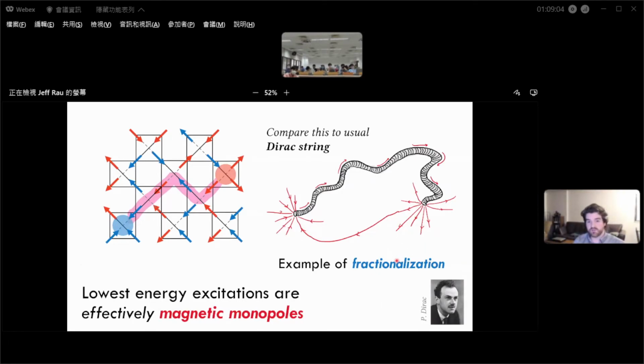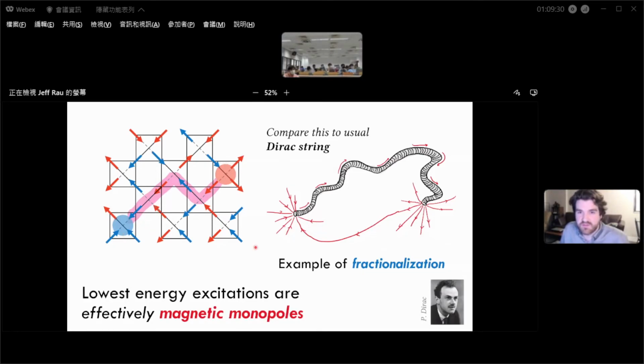You can compare this to the usual construction of a Dirac string, right? I tried to convince you, at least in a chain of analogies, that this loop structure was like a solenoid, right? And us flipping this spin is introducing a cut into the solenoid, introducing an end. Here, these magnetic dipoles are now no longer all paired up, and so there's some collecting of magnetic flux at each end of this thing.